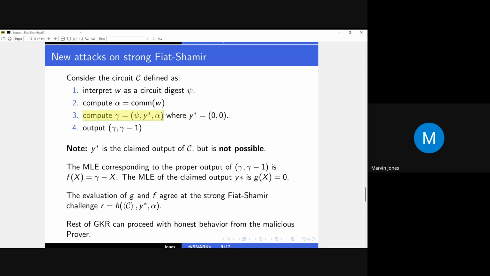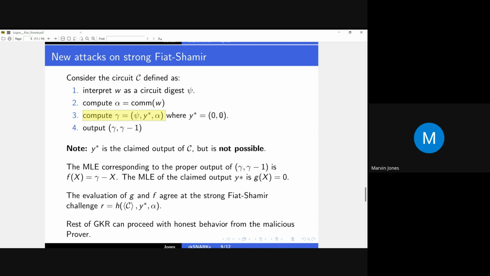We can view this as a challenge, gamma, where we have our circuit digest. The circuit digest is assumed to be our public parameter here, if we're thinking about this as strong Fiat-Shamir. Our claimed output, where we claim our output is 0, 0, and that will make sense in a second. And our first value is the commitment to our witness, alpha.